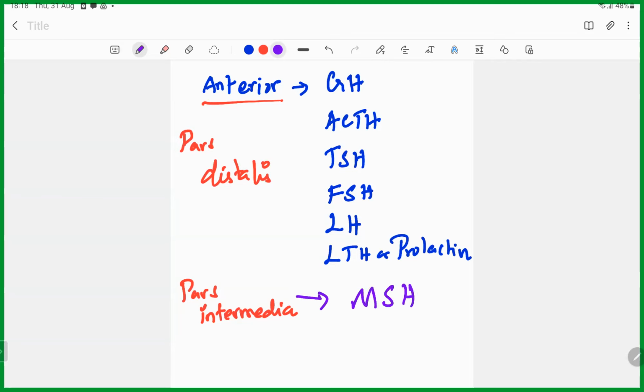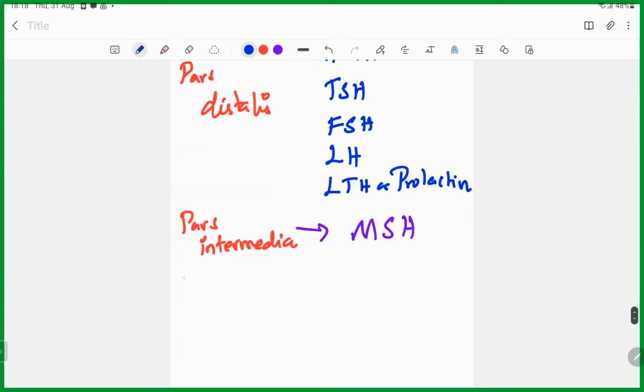MSH means melanocyte stimulating hormone. I just write the abbreviation only. Please learn about all these things from your study material. And then the next region is the posterior pituitary. So anterior pituitary, and then you have posterior pituitary.